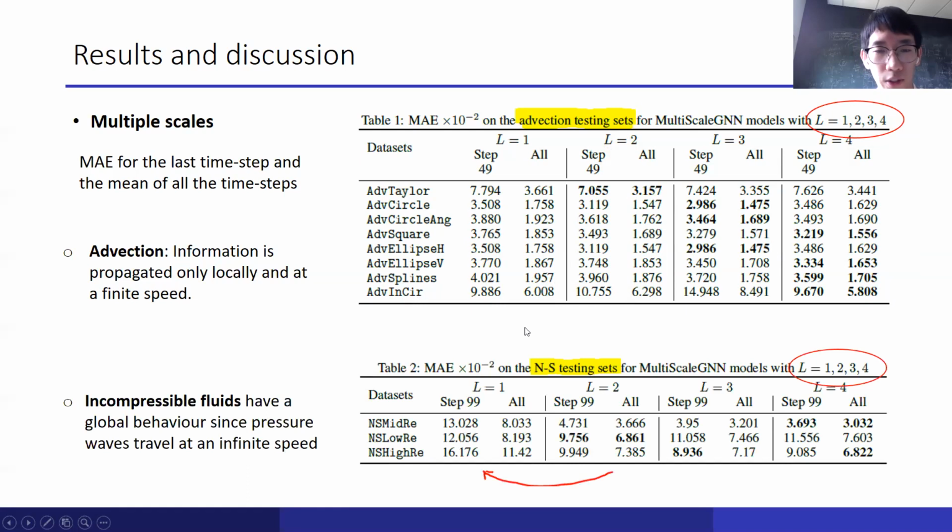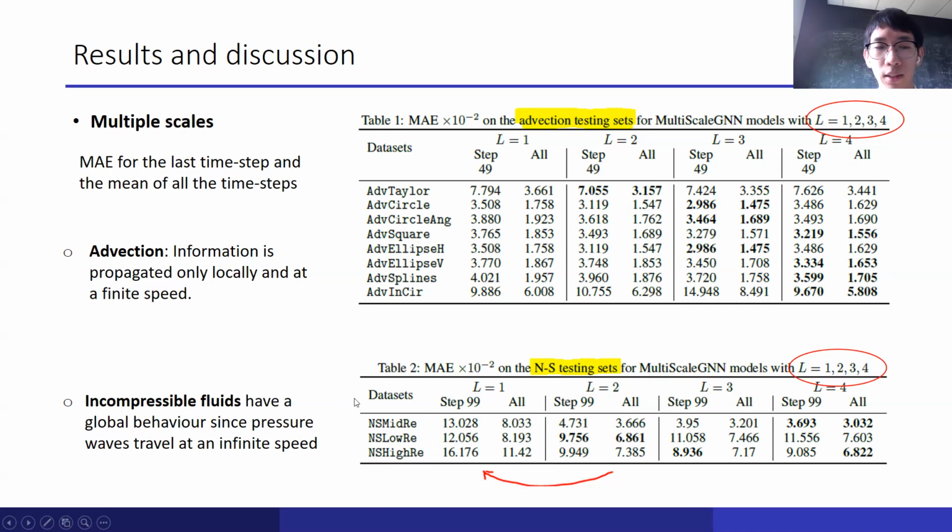However, on the contrary, the multiscale setup is very important for the fluid dynamics problem. And as shown in this table, if we compare L equals 2 and L equals 1, we can observe significant improvement. The error is much lower than here.